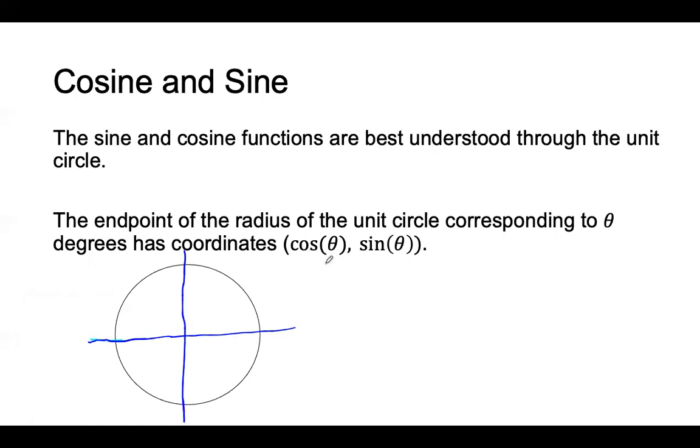The first coordinate we say is cosine of the angle, and the second coordinate is sine of the angle. So we can kind of draw it. I'm going to take a little time here. Again, this is our unit circle, and this is our angle.